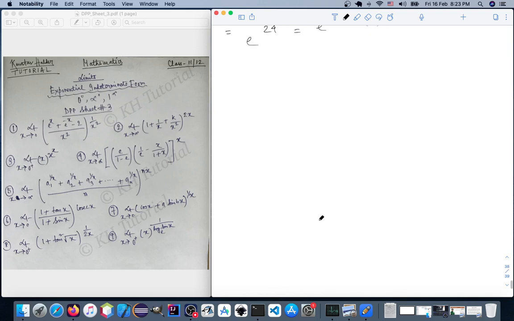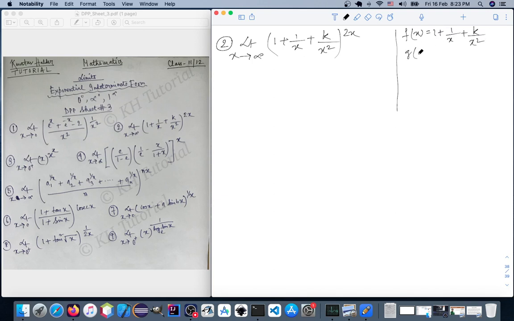Okay, let's see the next problem. The next problem says limit x tends to infinity, (1 plus 1 by x plus k by x square) whole to the power 2x. So over here we have f(x) equals 1 plus 1 by x plus k by x square, and g(x) equals 2x.